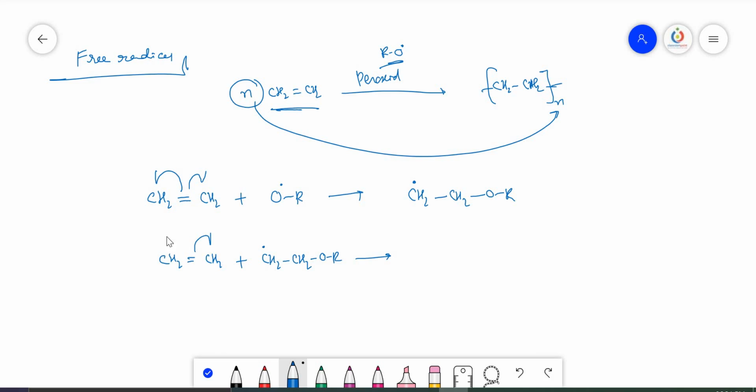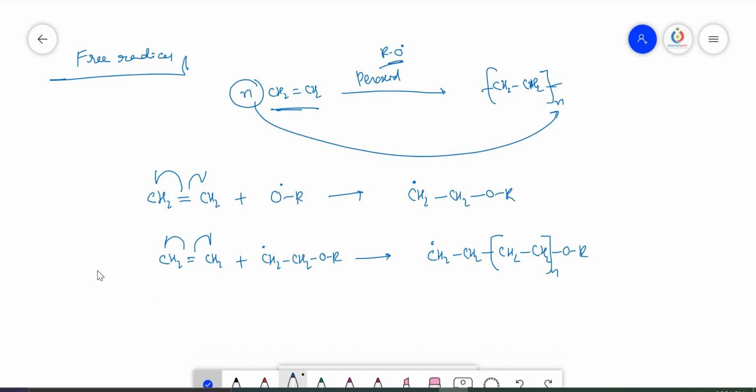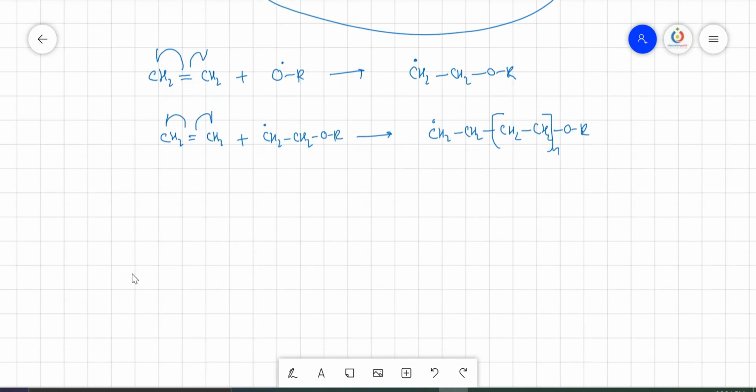Again homolytic cleavage, so that we get the CH2 radical, this will be connected to this radical, next to OR. So this process will continue till all the alkene parts are over. So this is called free radical polymerization.